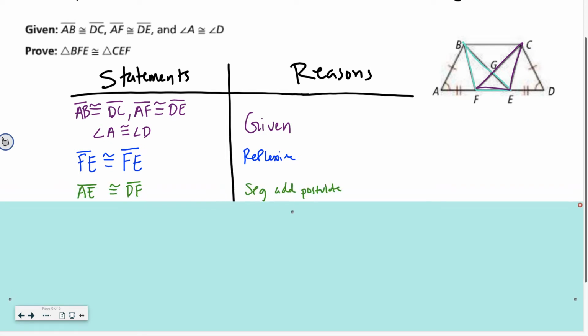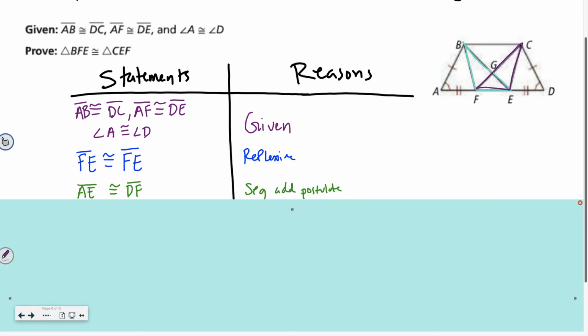And then if I know that those two segments are congruent, I can try to get a bigger part of the triangle. So I look at this picture and I say, the two triangles that I've highlighted, I don't have any information about them. All of my information that I know is written on a different triangle.